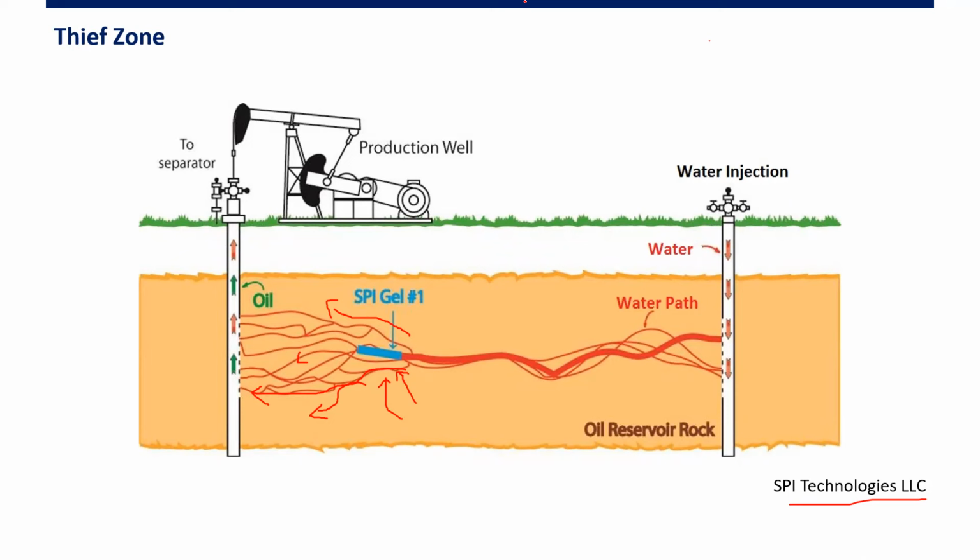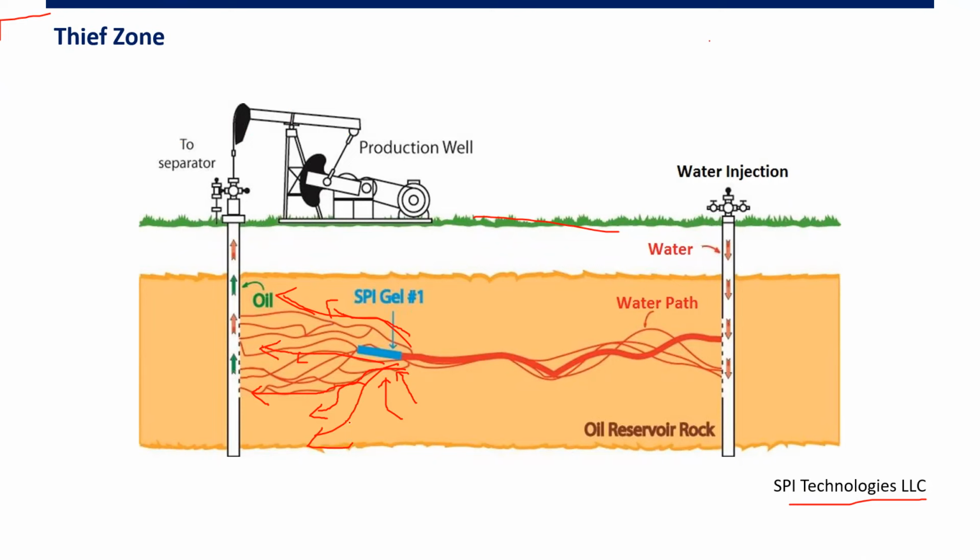So now we divert the water to flow through other small channels, rather than only flowing inside the thief zone. You redirect the water flow. Now some water will flow through this channel, some there, some through here. So now you will have better vertical sweep efficiency.